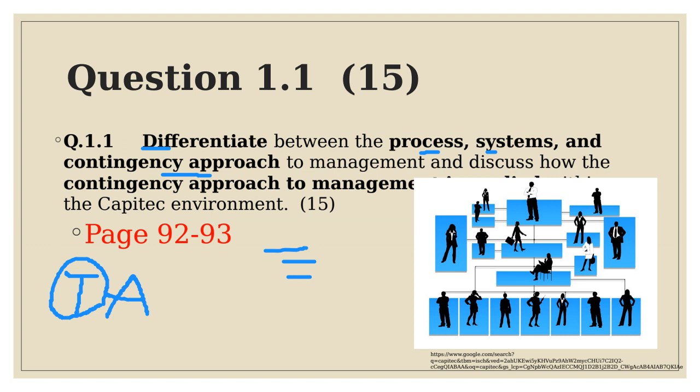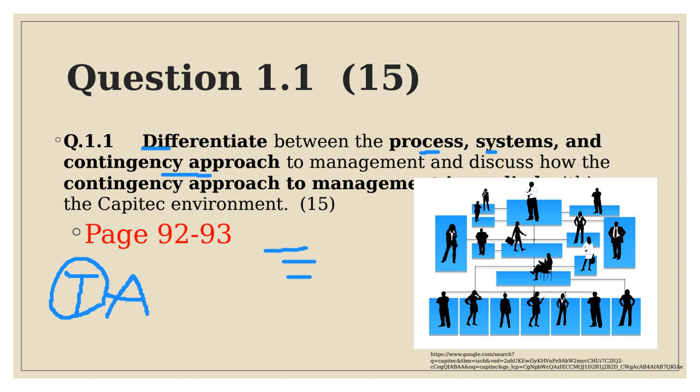So remember, these are management approaches. These are how people manage a specific organization. They manage in a process way, systems, contingency. Okay? So a process, if we had to nail it down, would be the basic function of management, where we look at planning, leading, organization, and controlling. Systems approach is where we add on a few details and we say, well, that is how everything is interrelated.